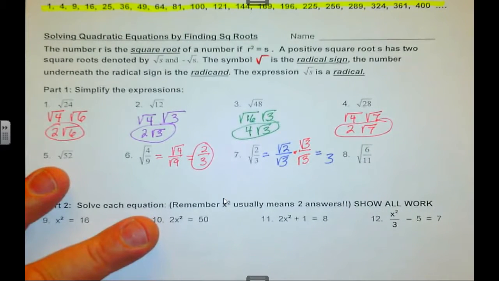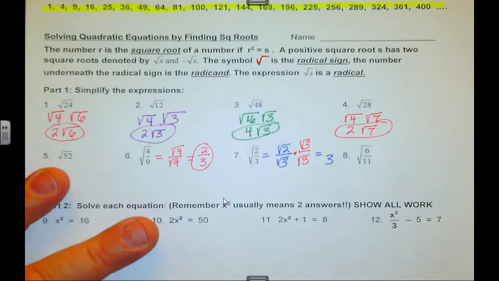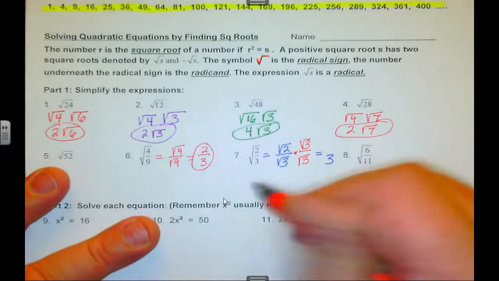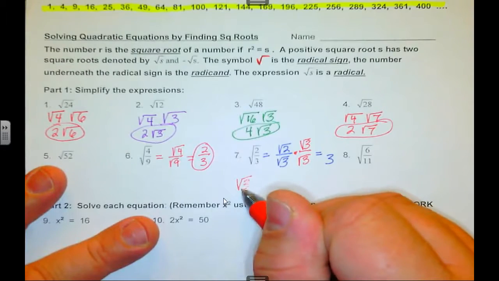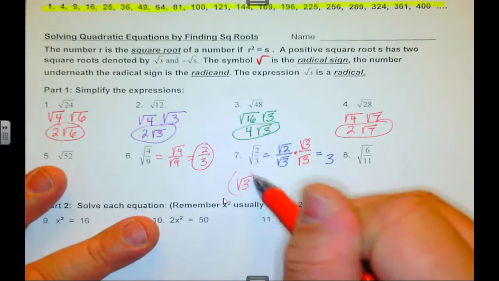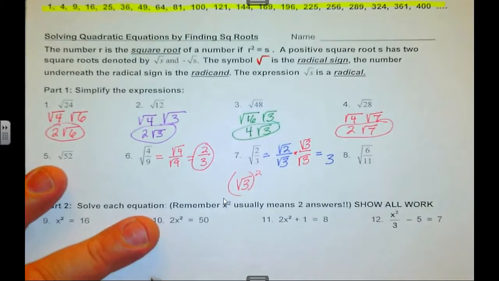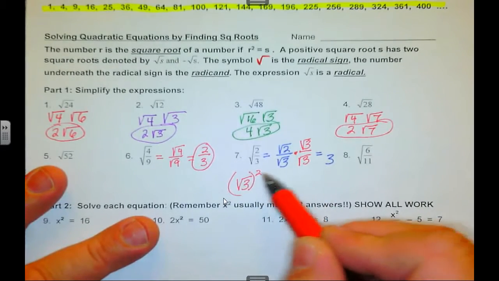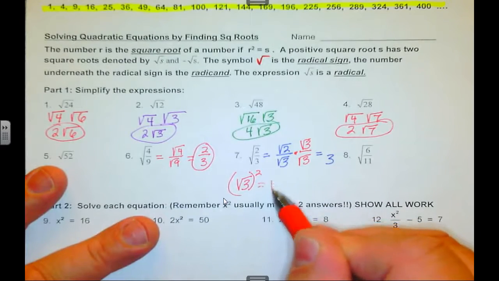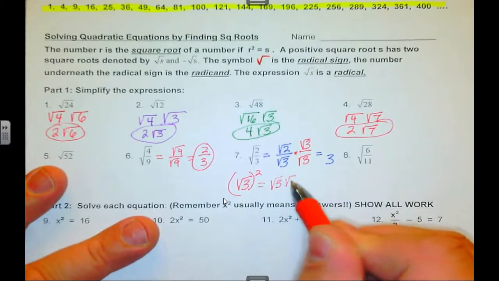You guys get what I'm doing? Listen. Side note here. To get rid of a radical sign, I'm squaring it, right? Because the square gets rid of the radical. All this means is that I'm taking radical 3 times radical 3.